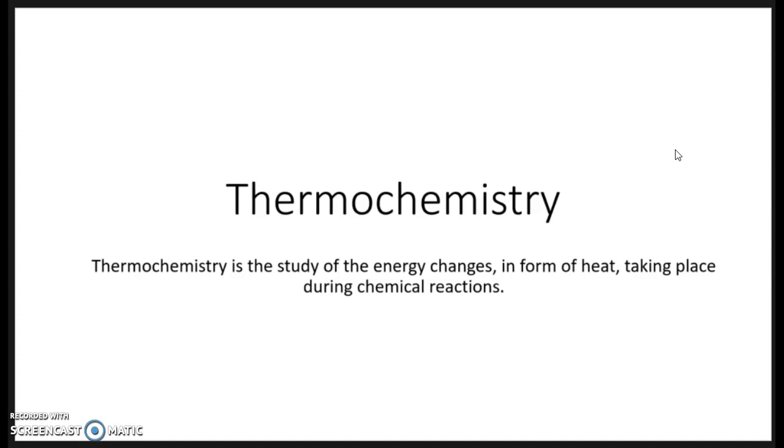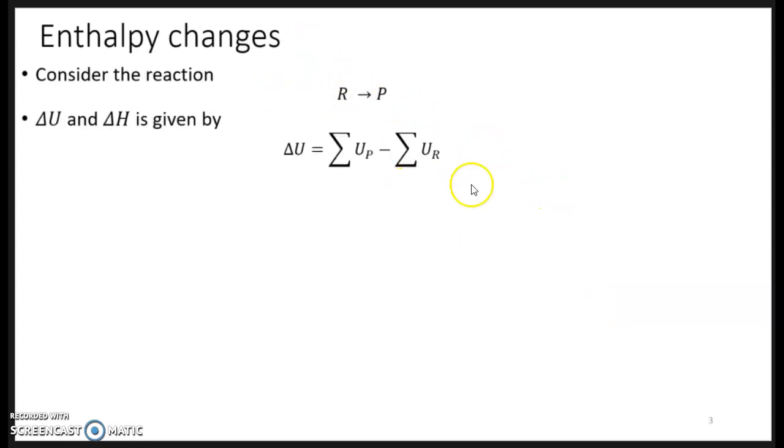Or we can also measure it at constant pressure, which is commonplace in chemistry, and in such a situation we will measure the enthalpy. If we consider a reaction going from reactants to products, the change in enthalpy, because this is a process, will be the sum of all the internal energies of the products minus the sum of all the internal energies of the reactants.